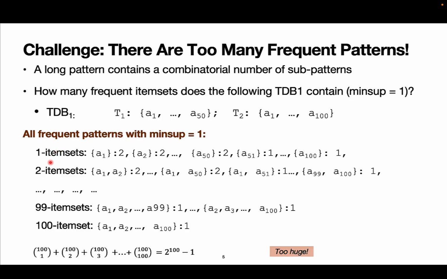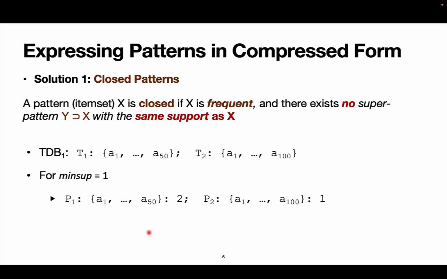So for one item sets, I have 100, two item sets, 100 choose 2, and so on. So we ended up with an overwhelming number of frequent patterns. So it makes sense to focus on the subset of patterns that matters the most, which leads us to closed patterns, which compress the number of item sets to consider.